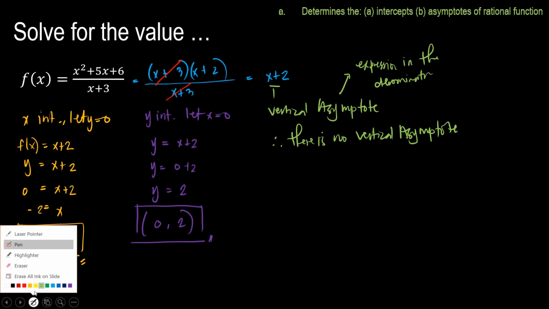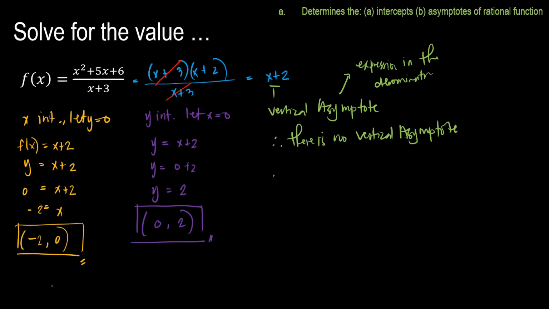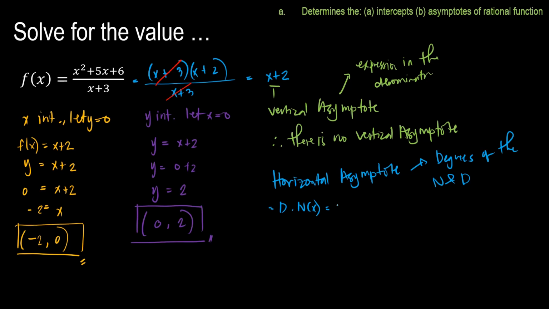Next, let's have horizontal asymptote. Okay? So, since pag horizontal asymptote, we're looking for the degrees of the numerator and denominator. So, the degree of the numerator is equal to 1.